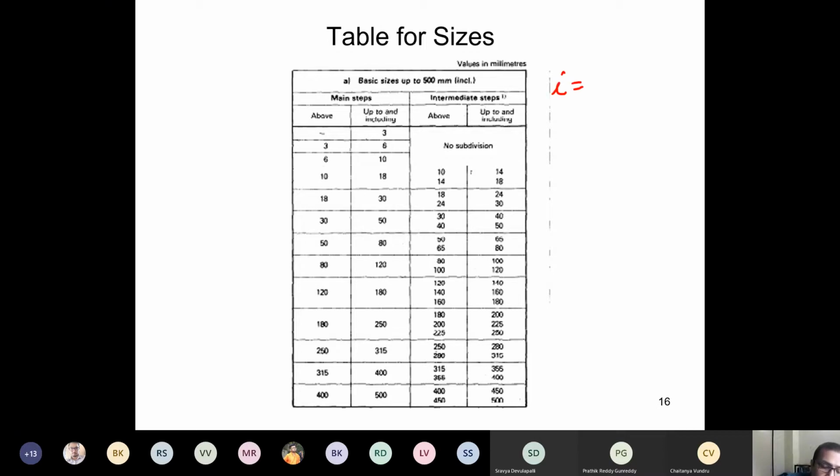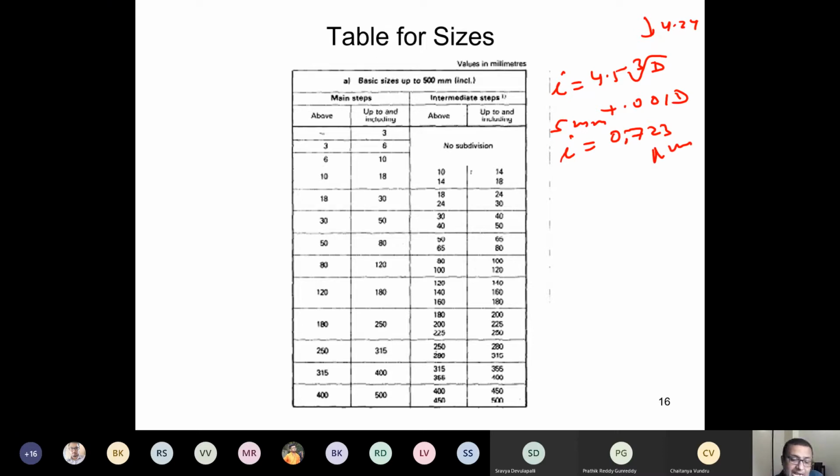So i is equal to 4.5 times the cube root of D plus 0.001 D. For a 5 millimeter size, you put D equal to 4.24, and if you do the math, i turns out to be roughly 0.723 microns.